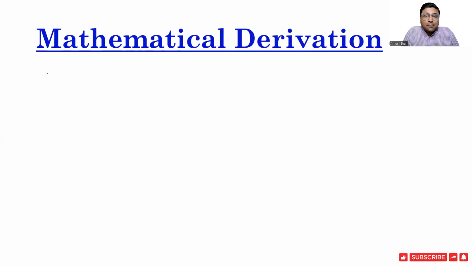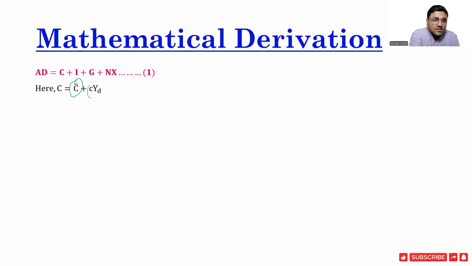Let's understand the mathematical derivation. Now we know that aggregate demand is equal to C plus I plus G plus NX. Now C is the consumption function. So C is equal to C bar plus small c into disposable income. C bar is autonomous consumption and this small c is the marginal propensity to consume.